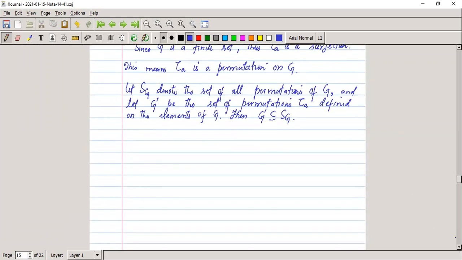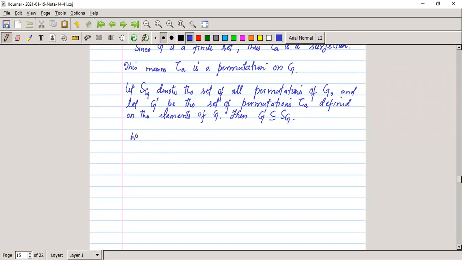So this was one nice observation obtained here. Now not only a subset, but we will also prove that G' is actually a subgroup of S_G. Then once we have proved that, the only thing that remains to be proved is that G is isomorphic to G'.